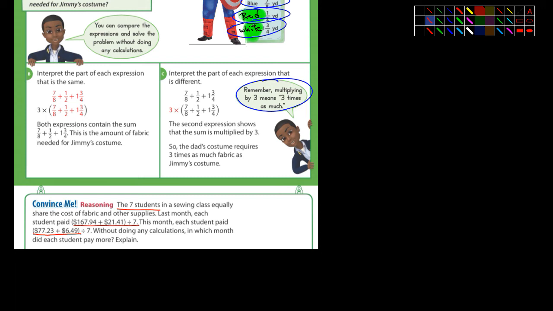And it says without doing any calculations, in which month did each student pay more? Well, it'd be last month, obviously.